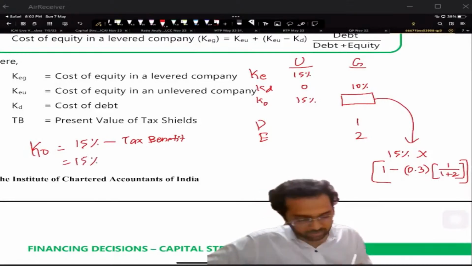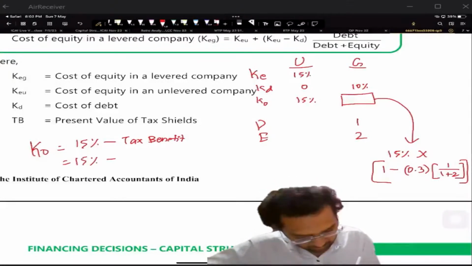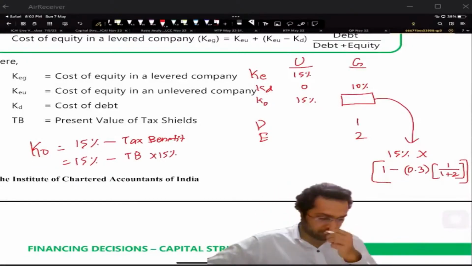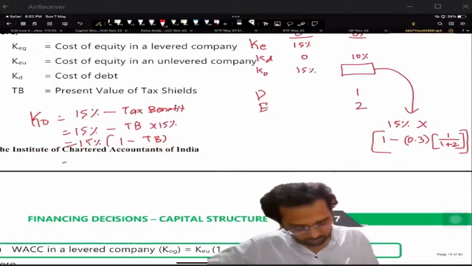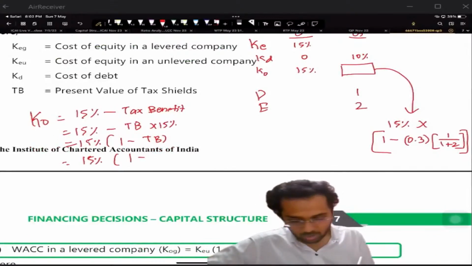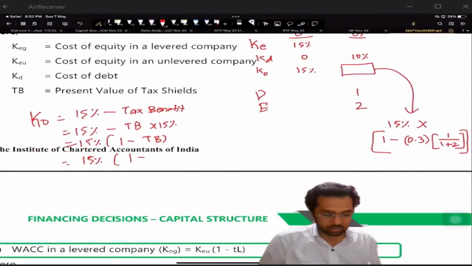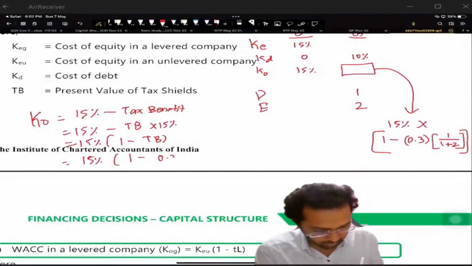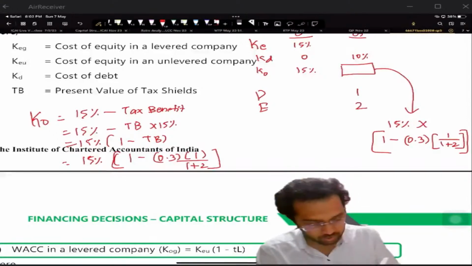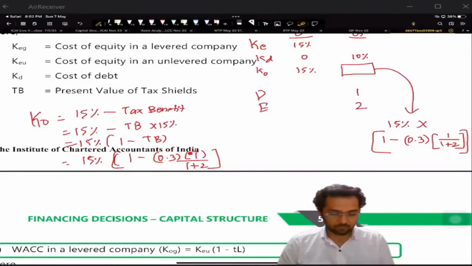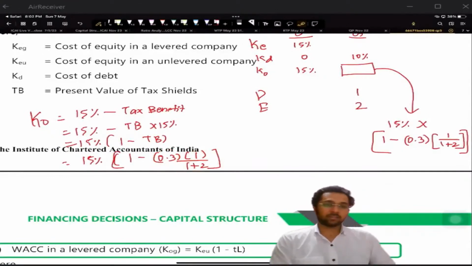Now, 15% minus the tax benefit into 15%, right? If you take 15% common, it is 1 minus the tax benefit. How do you get the tax benefit? It will be 0.3 into 1 divided by 1 plus 2, because you get a 30% tax benefit on 1 and then divide it by 3.